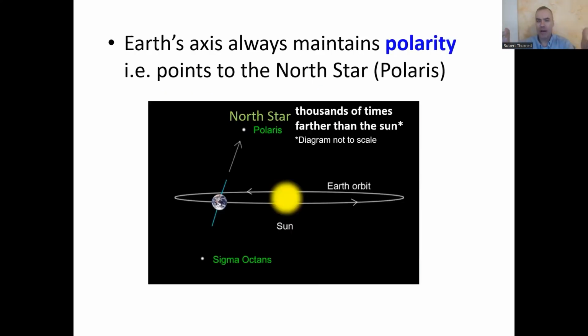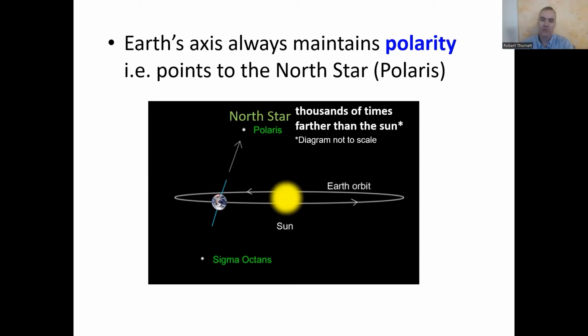The property of polarity means that Earth's axis, which you see in the picture there, the blue, always points to Polaris, the North Star. So you look in the picture, the Earth is going to go around its orbit, and it's always going to point to that same North Star. And you may be saying to yourself, well, how is that possible?